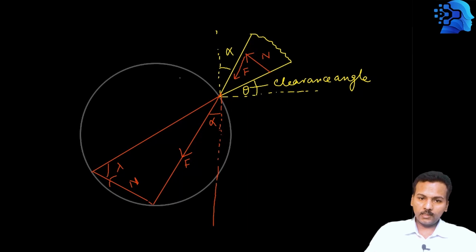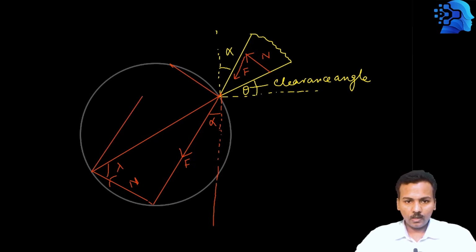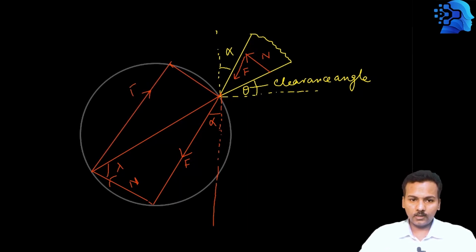We know that there is a shear plane, and along the shear plane a force is acting, and that is the shear force. So let us draw the shear force, and normal to this shear force is the force normal to the shear plane, and the shear force is inclined with the horizontal finished surface at angle phi.